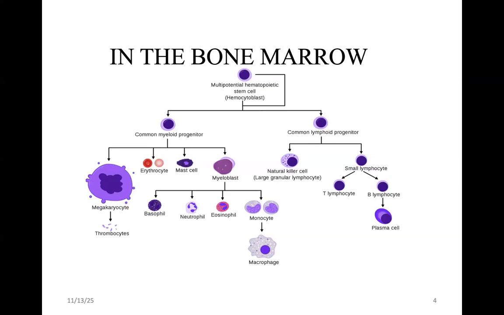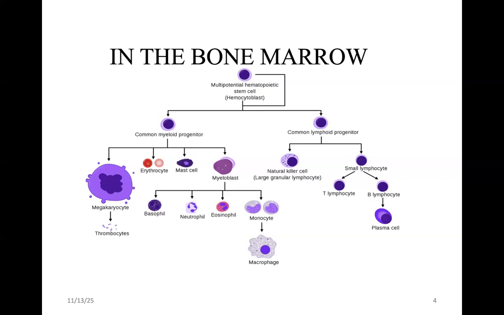Generally, we have cells that come into two lineages, the myeloid lineage and the lymphoid lineage. The lymphoid lineage eventually produces lymphocytes, and we have two types, the T lymphocyte and the B lymphocyte.